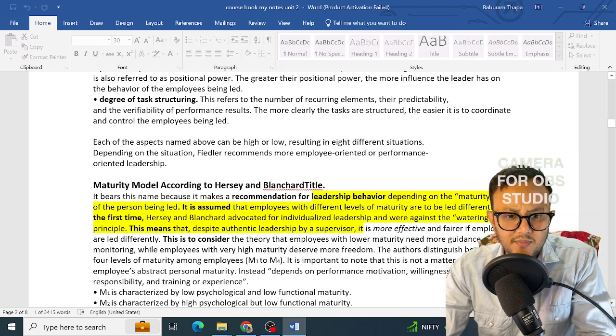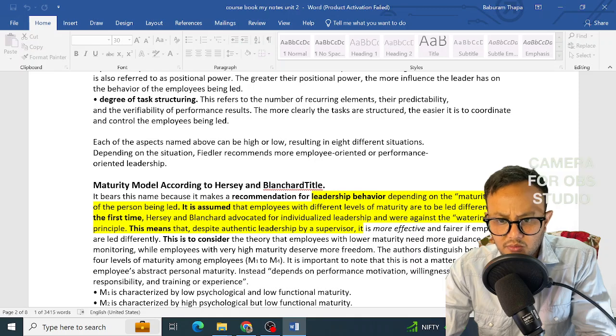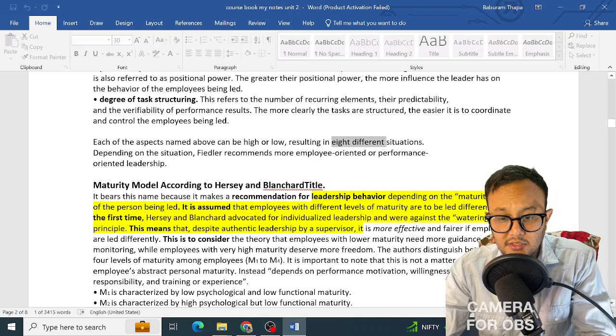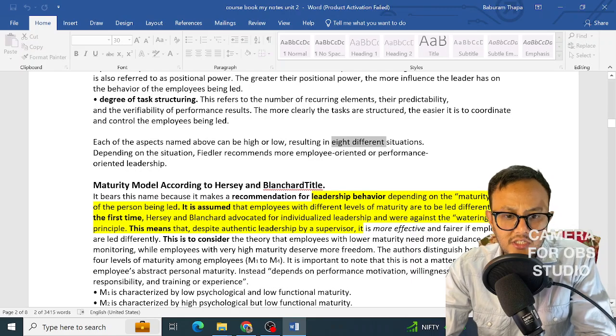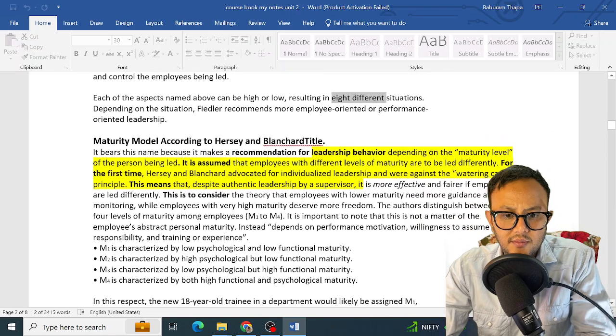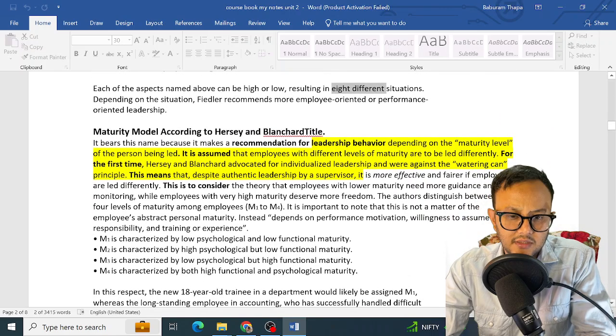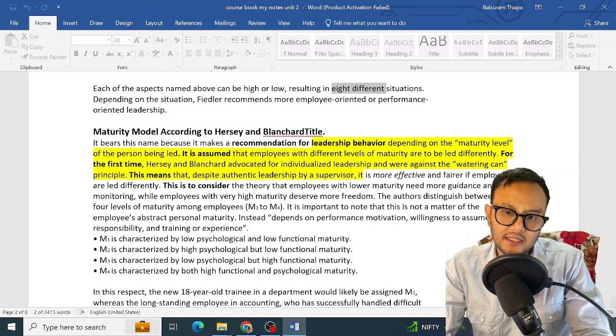So there can result 8 different situations, and depending on the situations, Fiedler recommends more employee-oriented or performance-oriented leadership based on these 8 different situations.